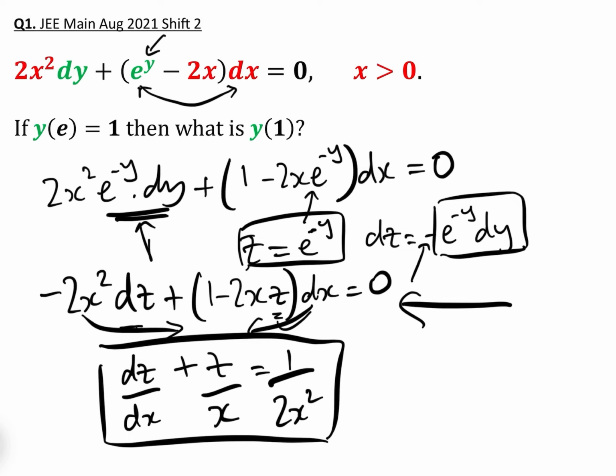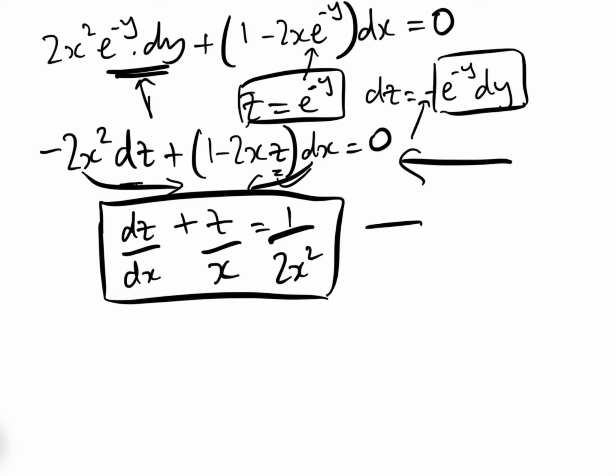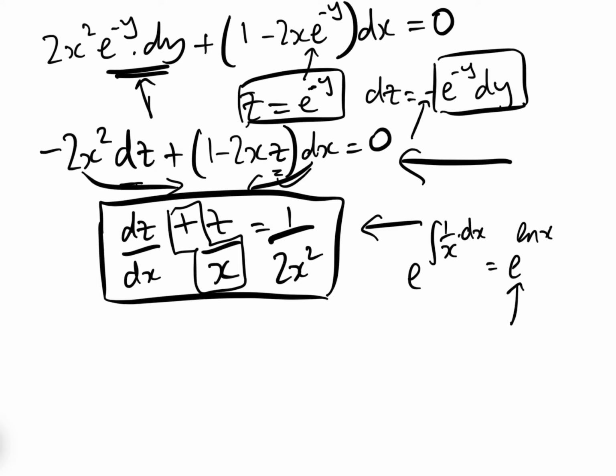So we now know that we have this equation which we can solve. Let's have a look at the integrating factor. The integrating factor will be e to the integral of 1 over x dx, which is e to the log x, and as we've seen numerous times now, e to the power of log anything is just the anything. So that equals x.